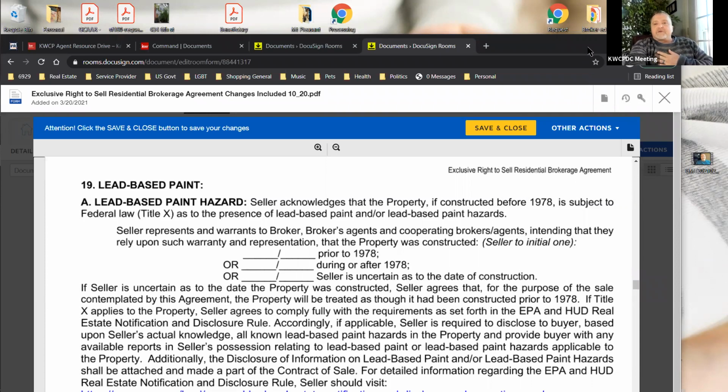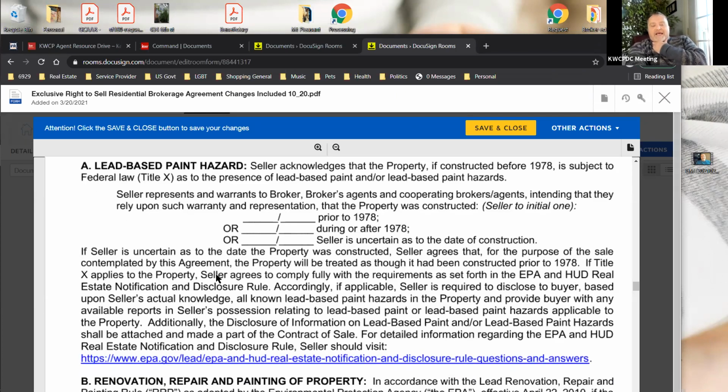All right. So when we are talking about this, seller represents and warrants to the broker's agents and cooperating brokers and agents, intending that they rely upon such warranty representations, that the property was constructed. You must have an answer in one of these fields. You cannot leave that blank.